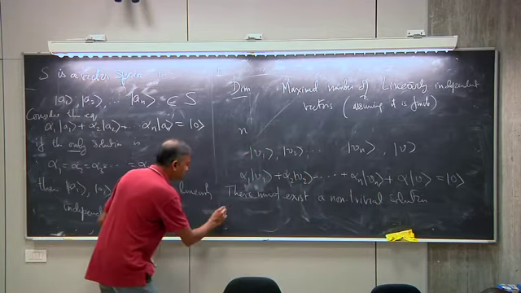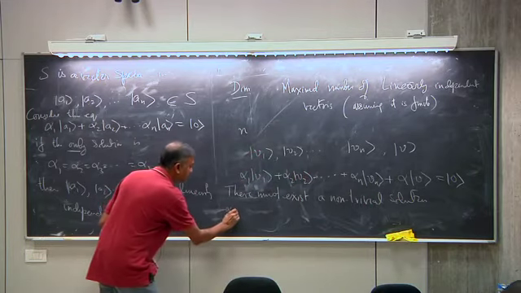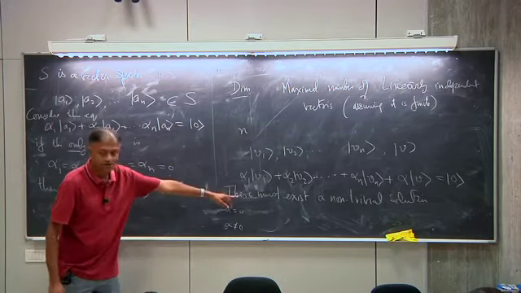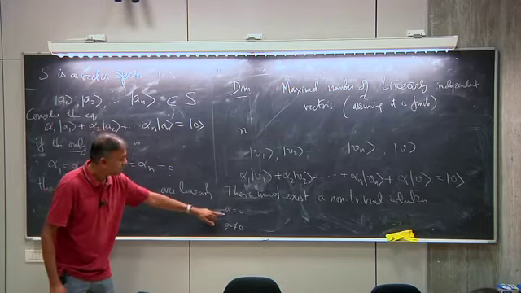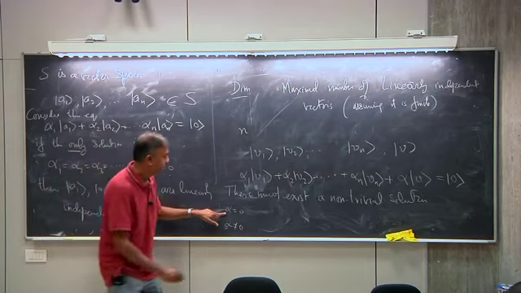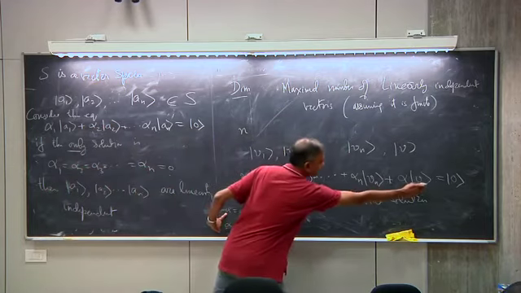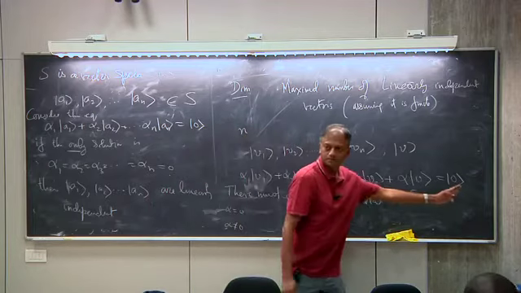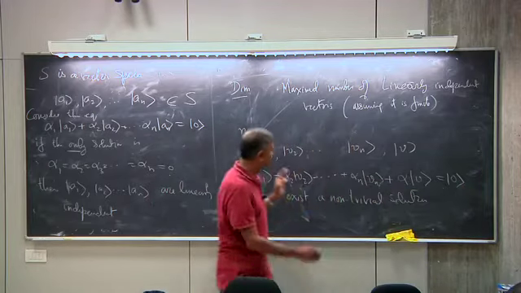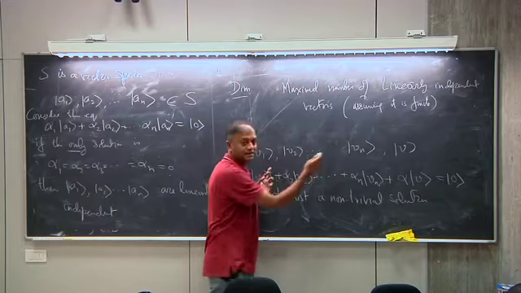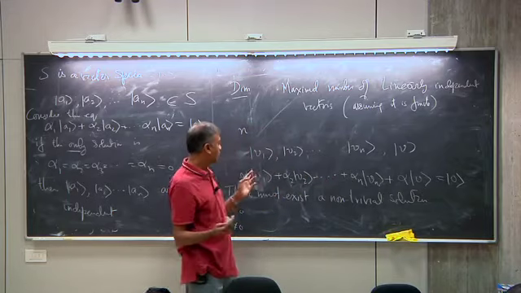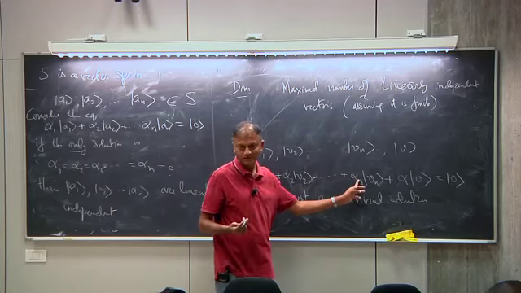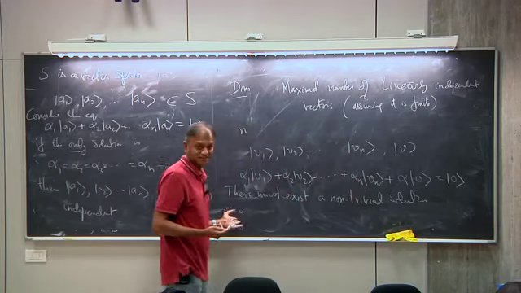So there are two possibilities in this non-trivial solution: alpha is 0 or alpha is not 0. If alpha is 0, then this term drops out of the equation, and we are considering this sum equal to 0. But I know v1, v2 up to vn is linearly independent, so the only solution would have been alpha 1, alpha 2, all the way up to alpha n equal to 0. So there is a contradiction.